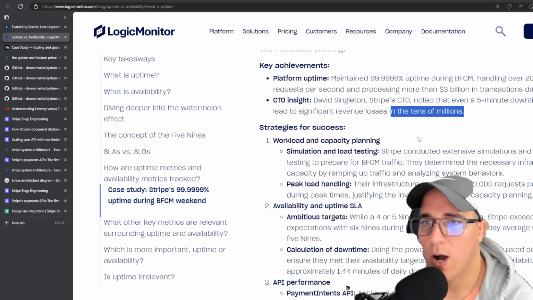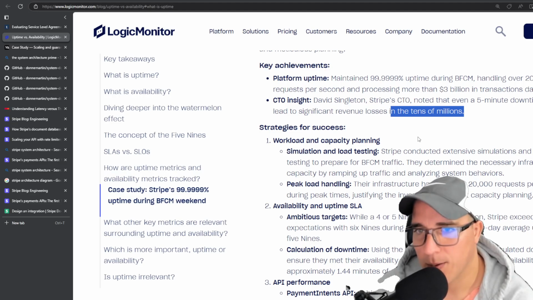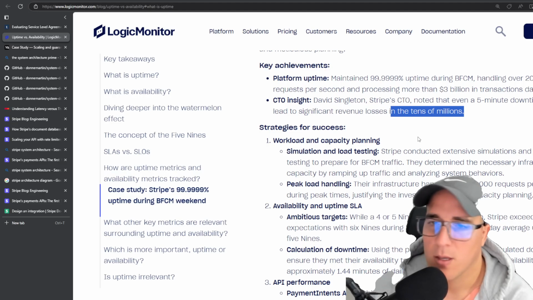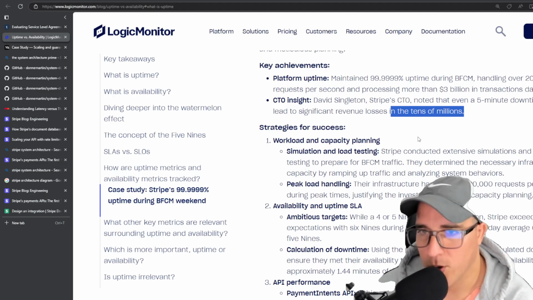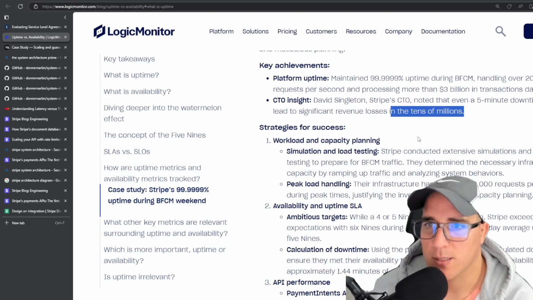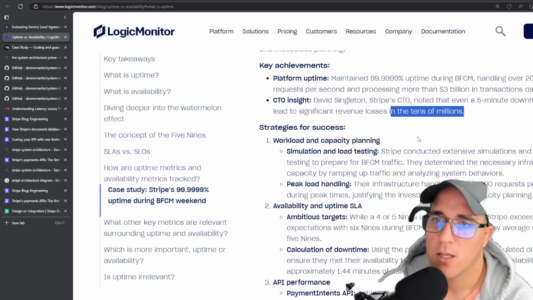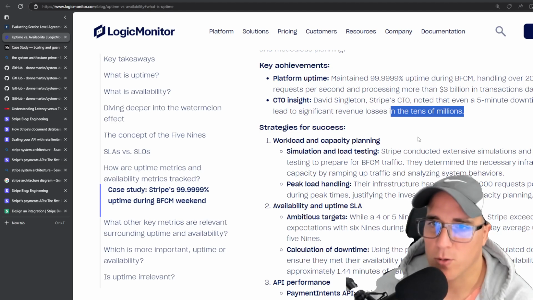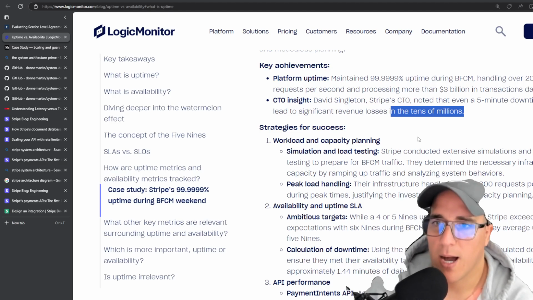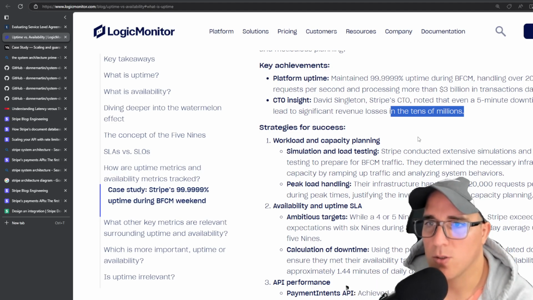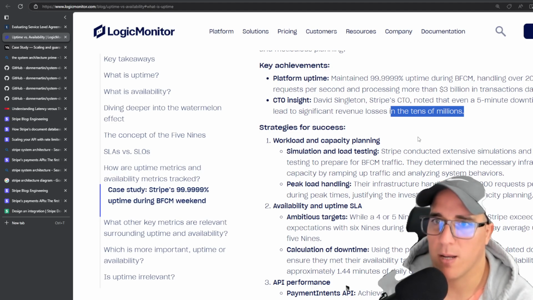If you are working in a big company, for example, and the reason I'm highlighting big companies is that you would be impacted by any amount of dollars. So you need to be careful about how often your users or clients are affected, or how big your product is, because the bigger your product, the bigger your client base, the higher the cost losses you will have when you have availability, reliability, and uptime issues.